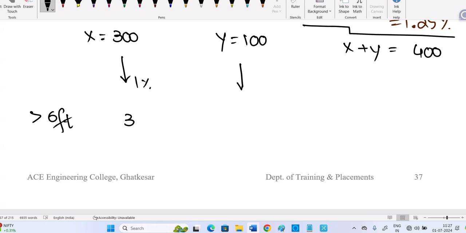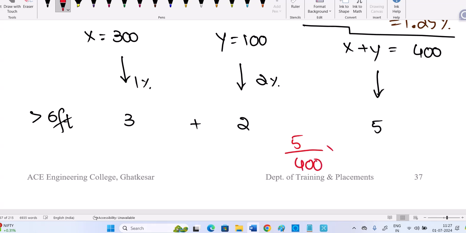In country Y, 2% of 100 is 2. Combined, 5 people are taller than 6 feet. 5 is what percentage of 400? 5 divided by 400 into 100, 5 by 4, which is 1.25. This is method 2.